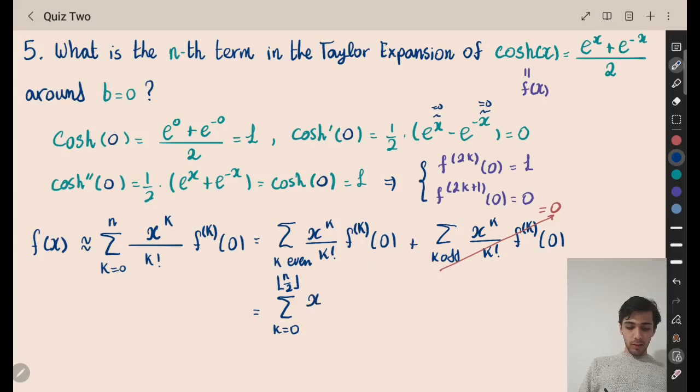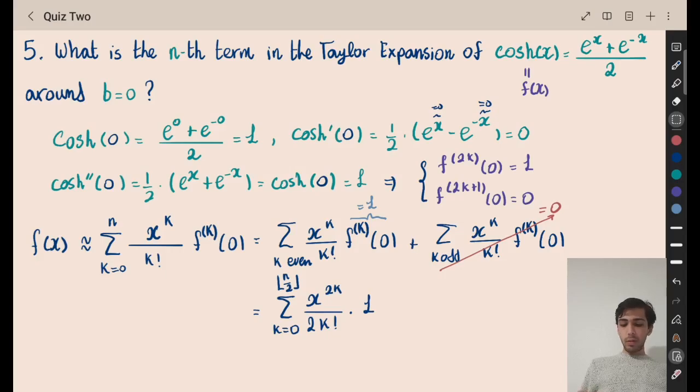And I write x to the 2k divided by k factorial times the value when fk of 0 is even, which is equal to 1. And the only case where this is even, again, is when this is multiplied by 2. So you get all the even numbers from there. And this is basically what's happening.